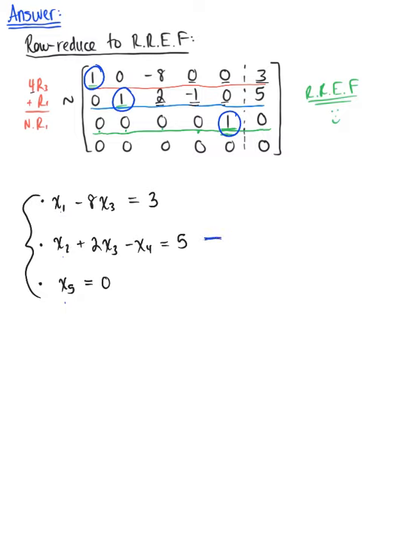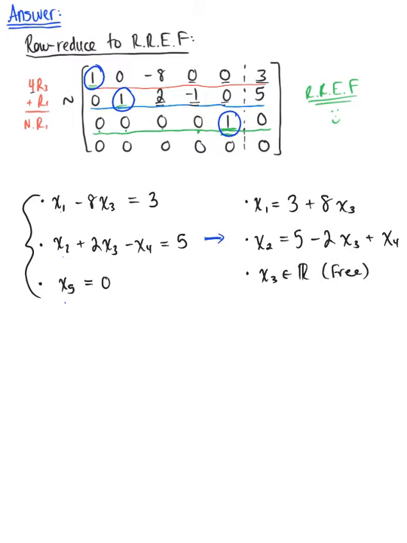So let's simplify this and rewrite it. Solving for the basic variables, I have x sub 1 is equal to 3 plus 8 times x sub 3. Solving for x sub 2, we have x sub 2 is equal to 5 minus 2 times x sub 3 plus x sub 4. We know x sub 3 is free. We know x sub 4 is free.